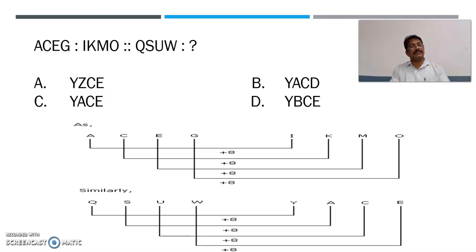G to O, 8 steps forward. In the similar manner, you have to maintain the same. Q to Y, 8 steps forward. S to A, 8 steps forward. U to C, 8 steps forward. W to E, 8 steps forward. So very clear, the answer is Y, A, C, E. So this is the answer.